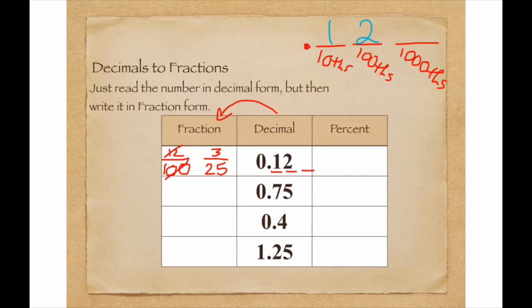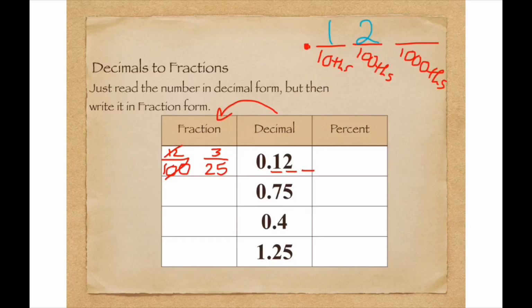Go ahead and pause your video and do the next 3, and you're going to again read the number normally, and the last digit that you read, just read the place value from up above for that particular digit. Okay, so I'm thinking you paused your video, you did this, so let's talk now.